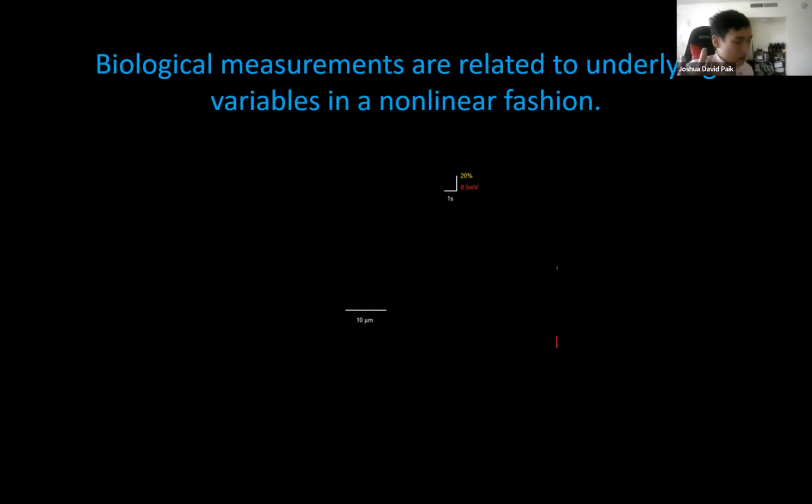Let's say you take a zebrafish. Zebrafish are small enough that their entire genome has been sequenced, so we can do really incredible genetic modifications to a zebrafish.